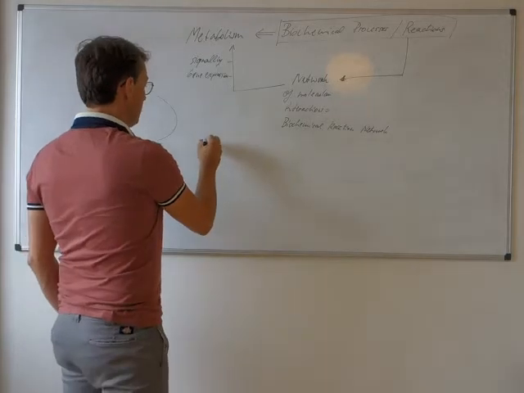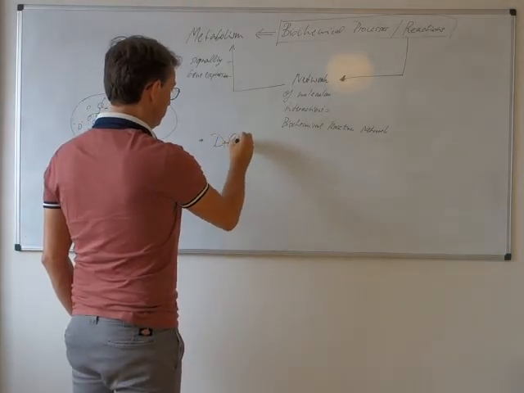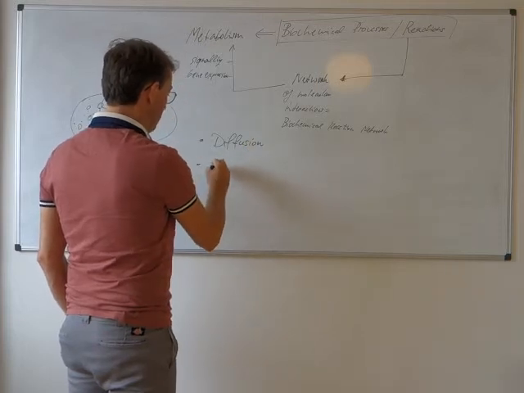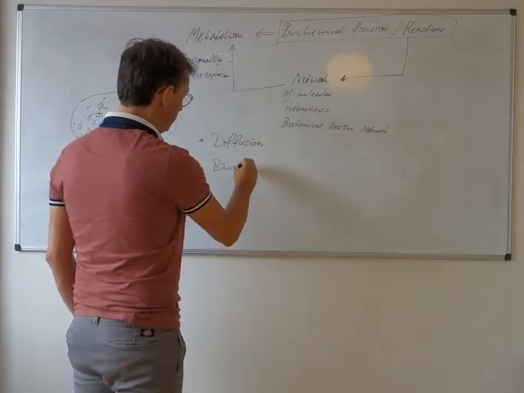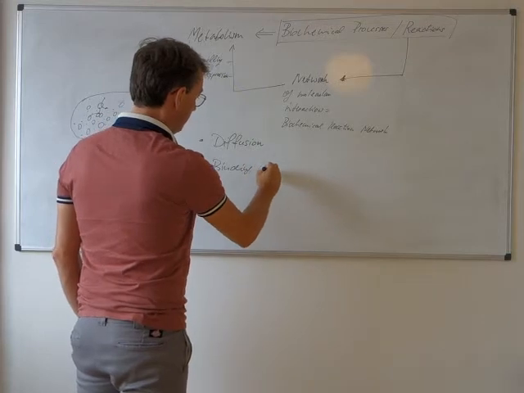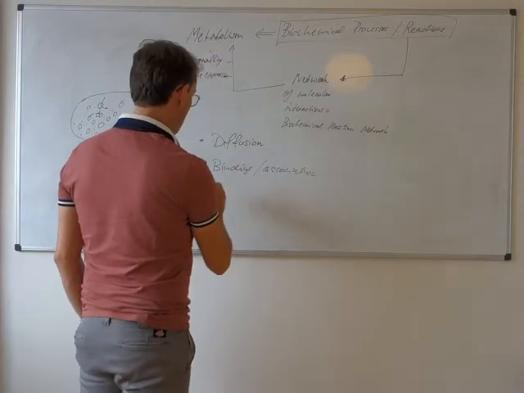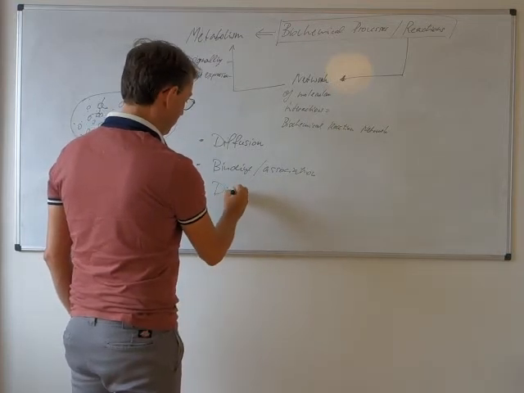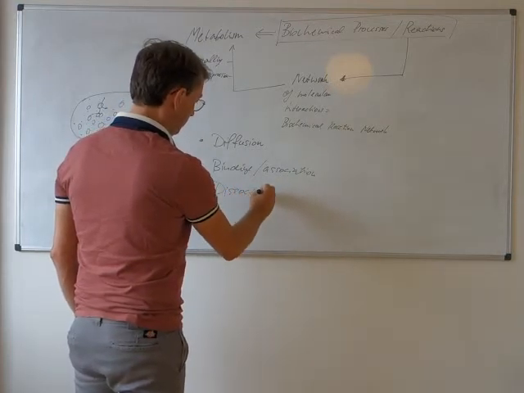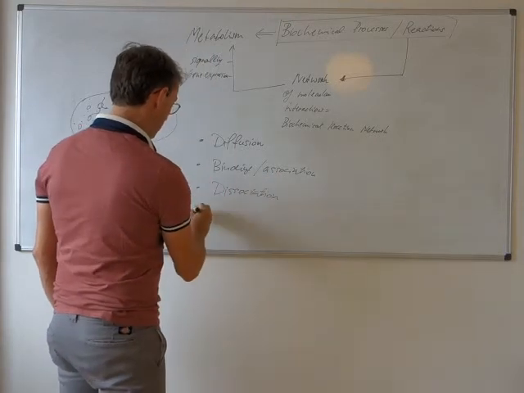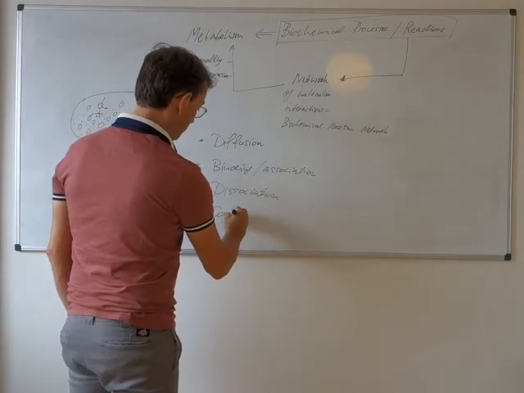So one key aspect is diffusion. And another aspect, of course, is binding or association. Another key aspect is dissociation. Right, and a fourth aspect is conversion.